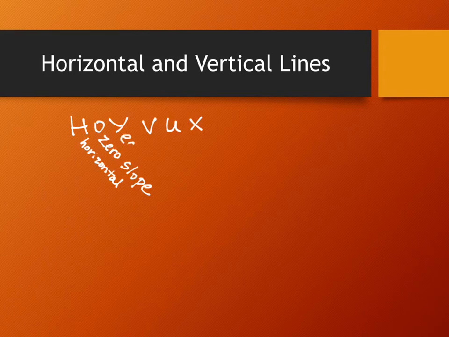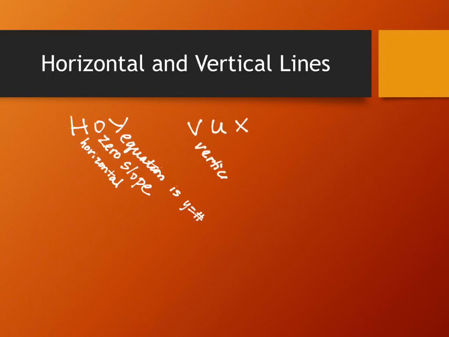And the Y tells you that the equation is Y equals some number. No variable X, just Y. And then if you do the VUX part of it, you're doing the same thing. We've got vertical. It's a vertical line. Any idea what U might stand for? Undefined. Yeah, it's an undefined slope.